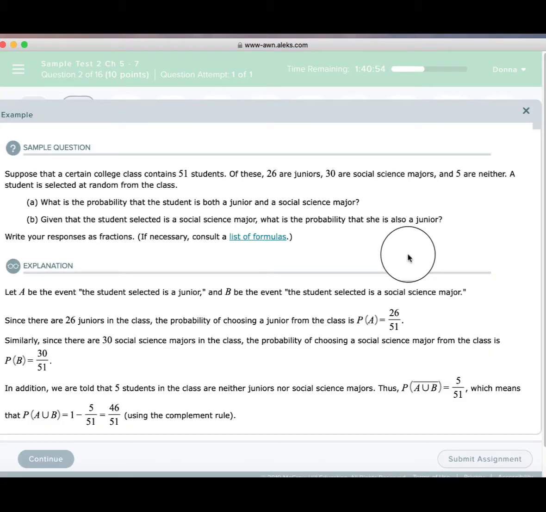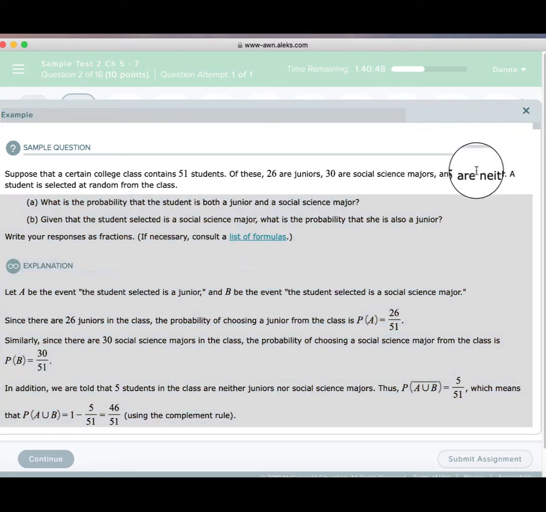So in this example, we're only going to look at the, I wish we could just only look at this part here, but that's okay. So we have 51 students, 26 of them are juniors, 30 are social science majors, and 5 are neither. So let's capture that using math type.